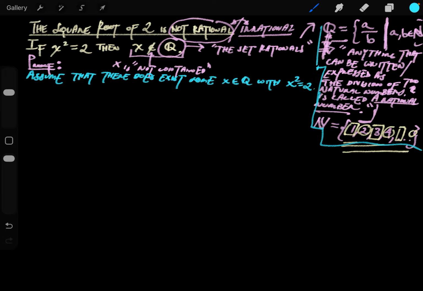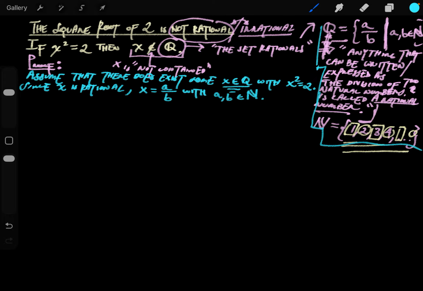Okay? Well, since x is rational, because it's in the rational number set, x is contained inside Q. Since x is rational, we know we can write it as the division of two natural numbers, and we want to say clearly that a, b are contained in the natural numbers.